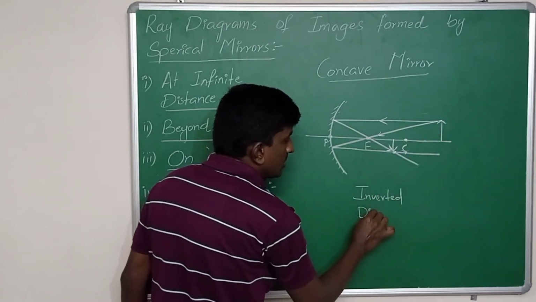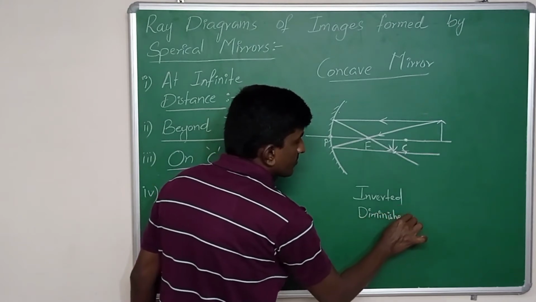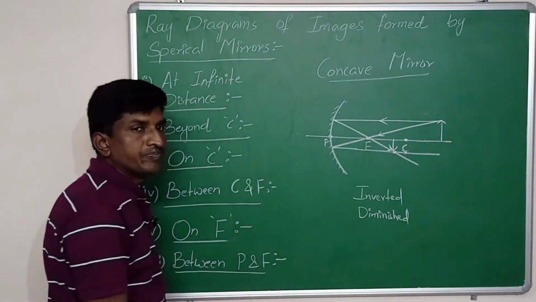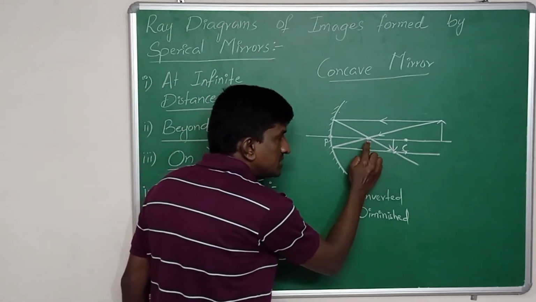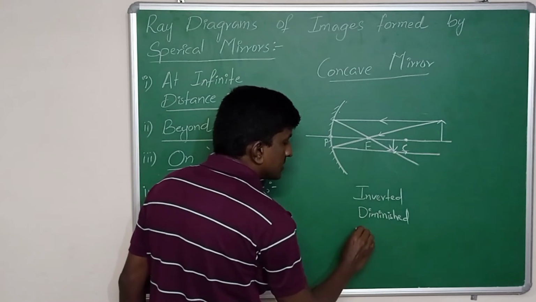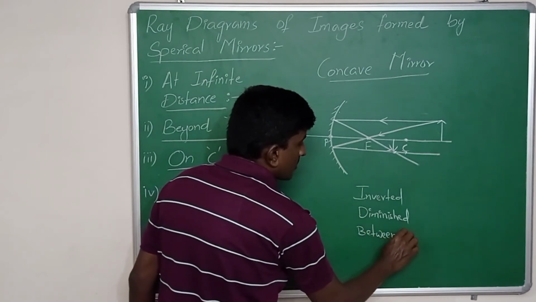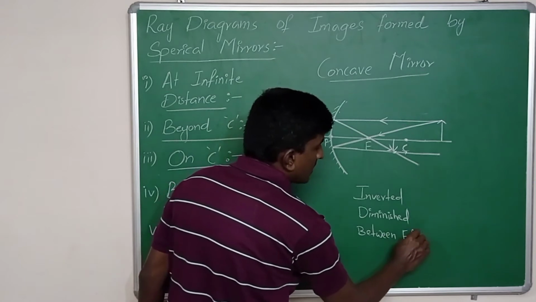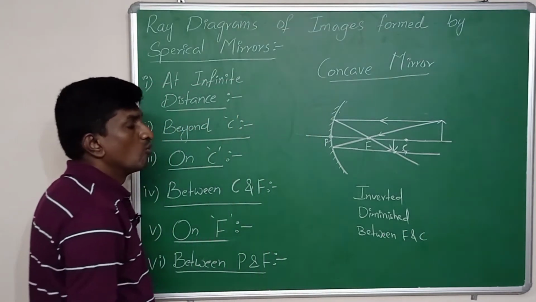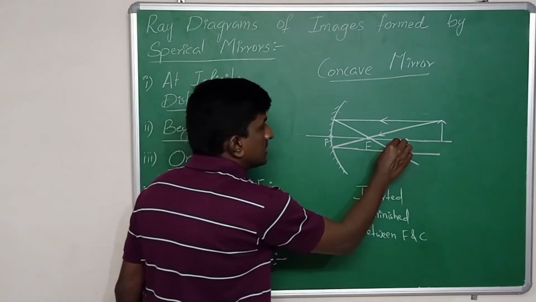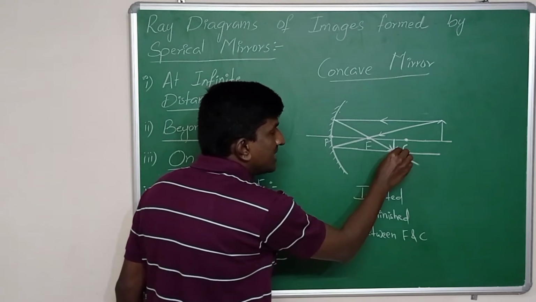So the image is diminished, a smaller image, and the position of the image is between focal point and center of curvature. And one more point: the image is a real image.